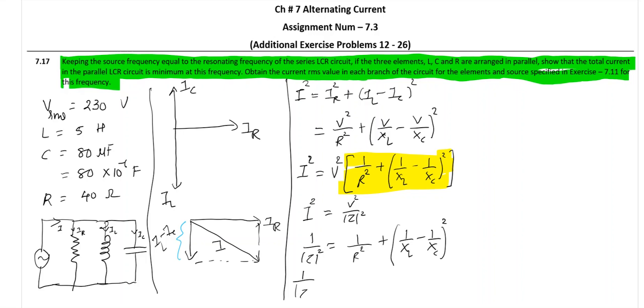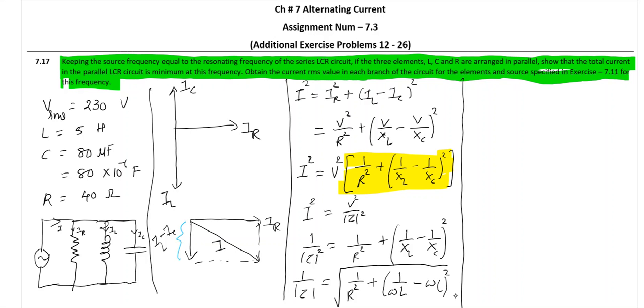So 1 by mod Z is nothing but under root of 1 by R square plus, I am substituting XL value, which is omega L, and XC is 1 by omega C, so 1 by XC will be omega C. So this is what we get as mod Z.